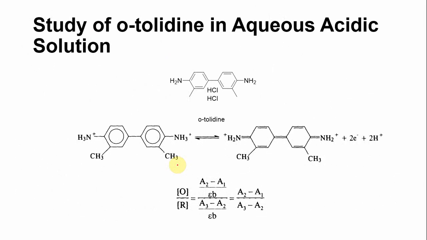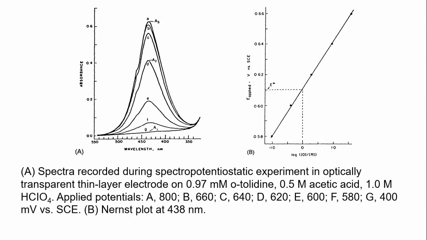now there is another application: it can also be used for the study of o-tolidine in aqueous acidic solution. The experimental spectra of this experiment are given here, and you can see how it proceeds. Starting from here, it goes like A, B, C, D, E, F and G, that is, species A3, then A2, then A1, and it is proceeding.